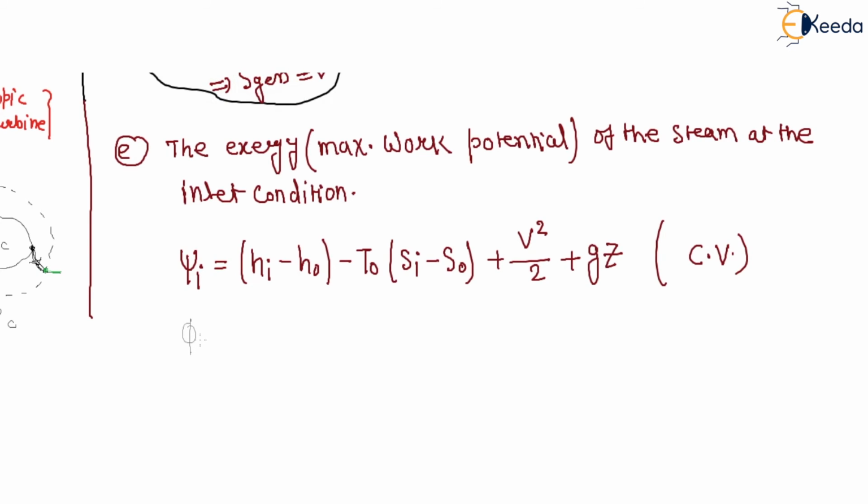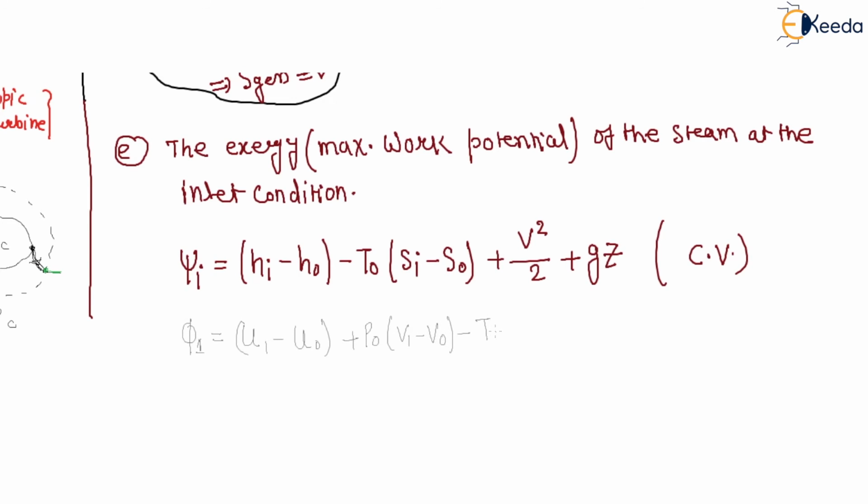Phi is what? U1 minus U0, right? Plus P0 (V1 minus V0), right?